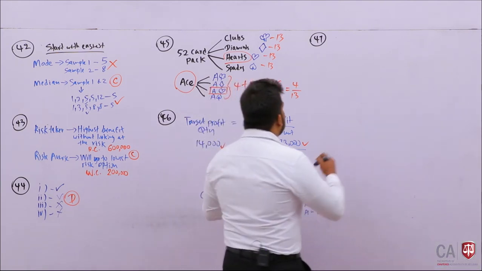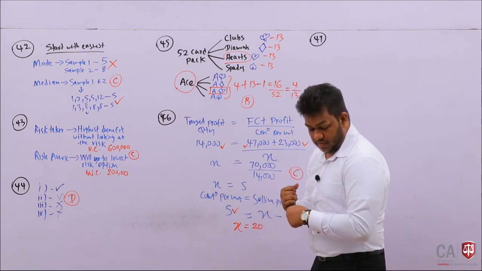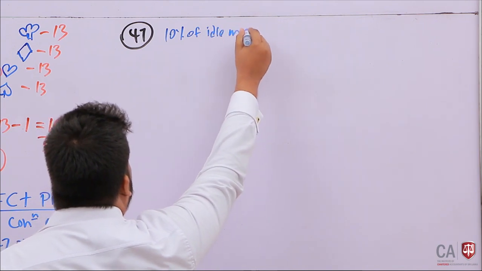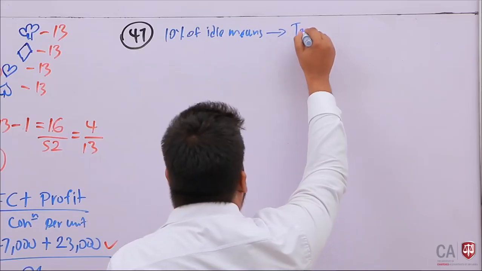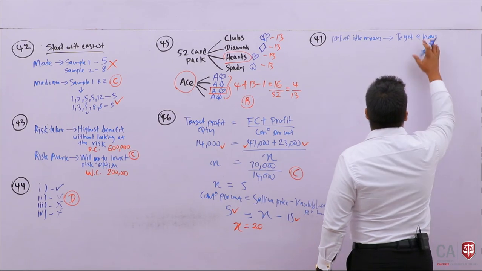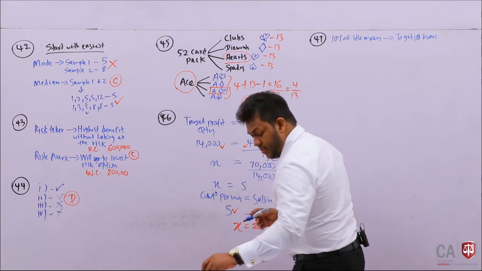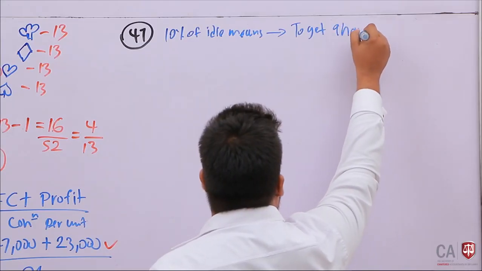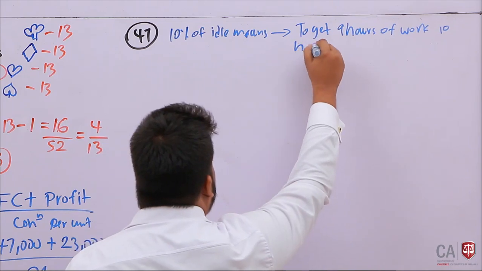10% of idle means what? To get 9 hours of work, 10 hours will be paid.